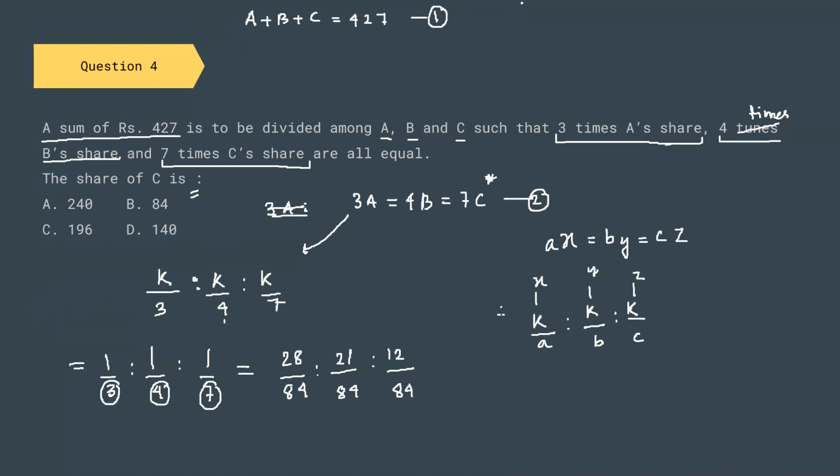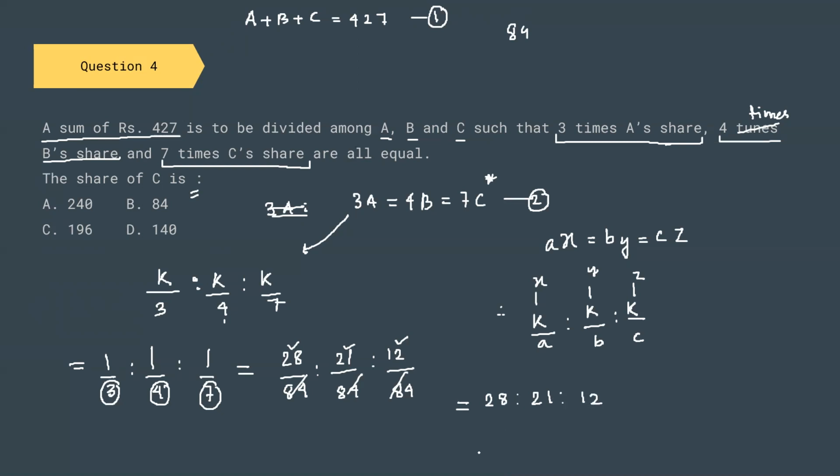Why? Because if we divide 84 by 3, we get 28. If we divide 84 by 4, we get 21. And if we divide 84 by 7, we get 12. So we can just remove this denominator, and the final ratio is 28 is to 21 is to 12.